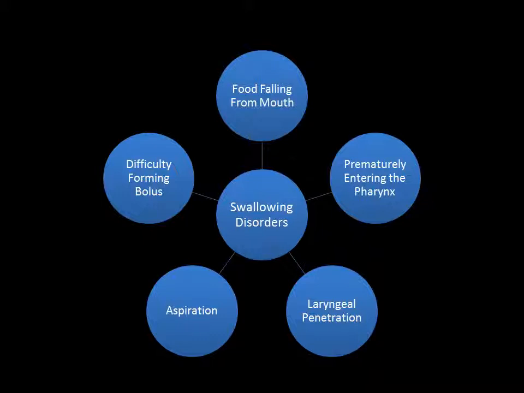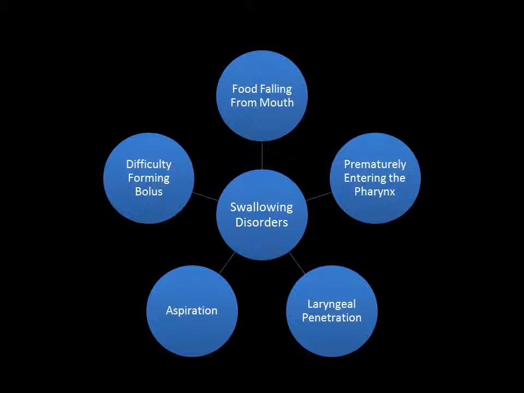So we have to evaluate the whole process of the swallow to see where the breakdown occurs and see how efficient the swallow is. Remaining food or liquid that's left in the mouth, the oral cavity, or the pharynx is called residue. And so it's important to take note of that.